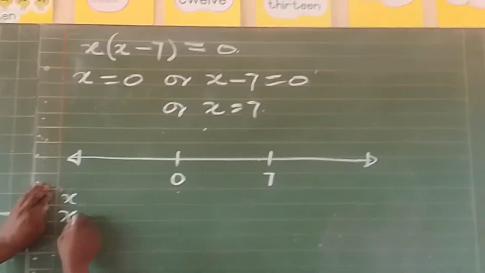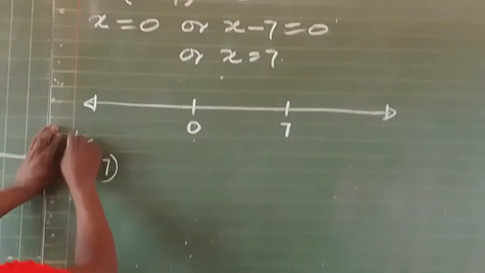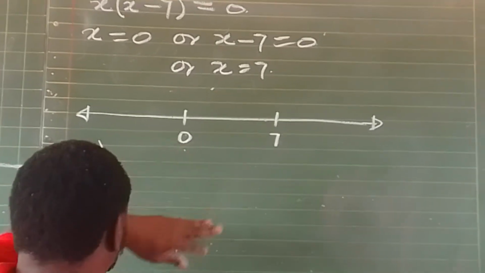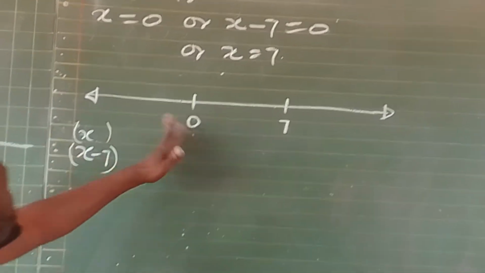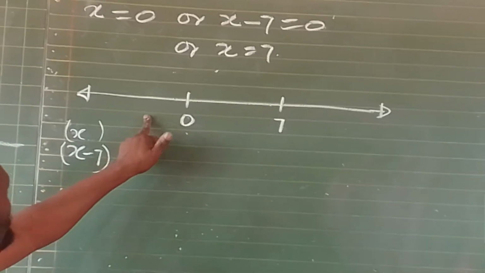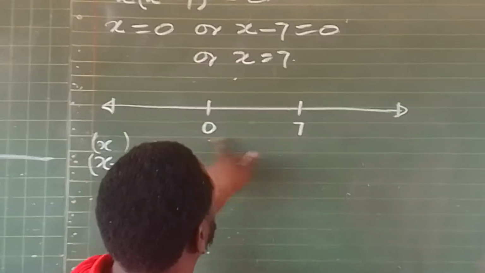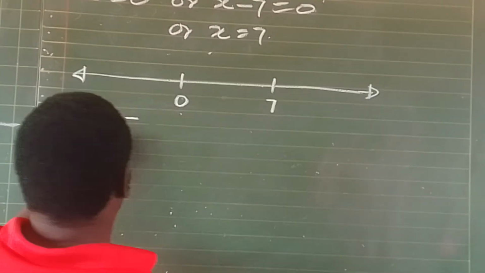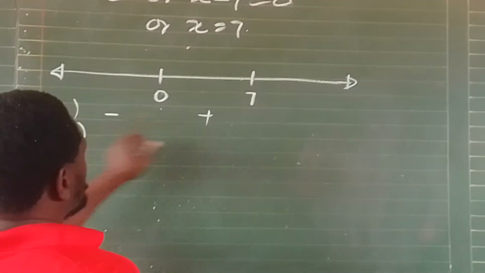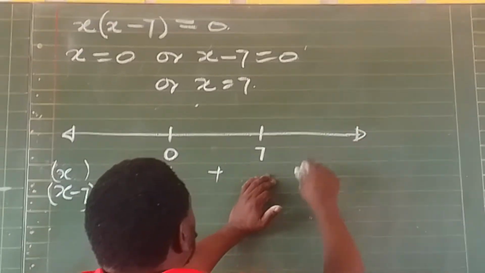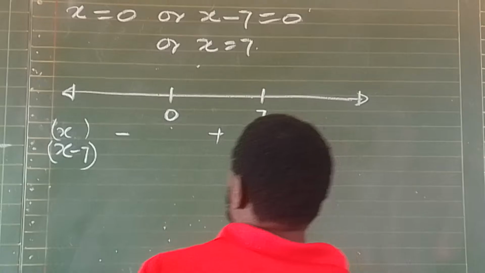You put your x - 7 here. Grab any number less than 0, say for instance minus 1. You get a minus. Take any number between 0 and 7, say 1, it becomes a positive. Take any number greater than 7, which is 8, which is positive.